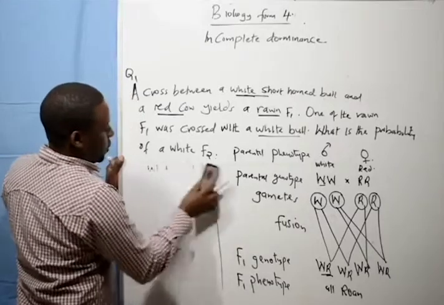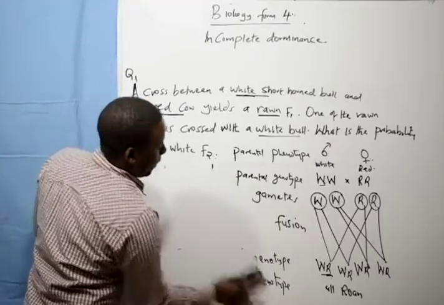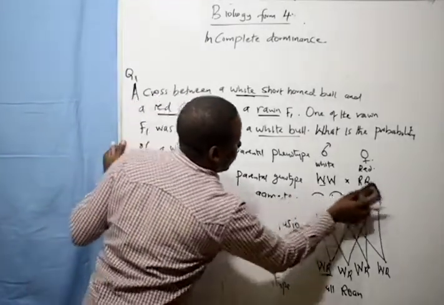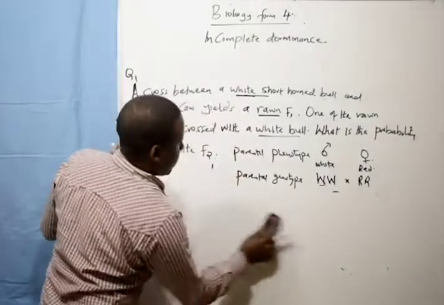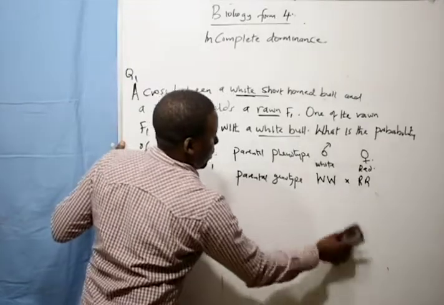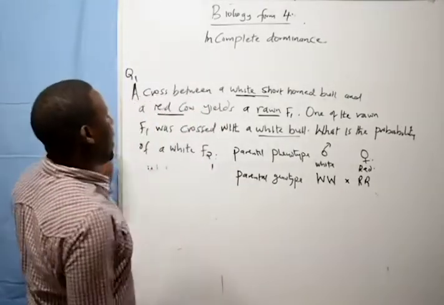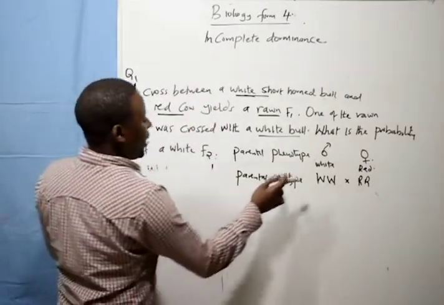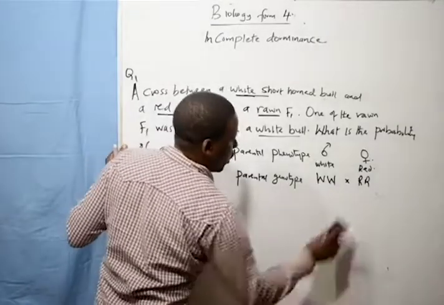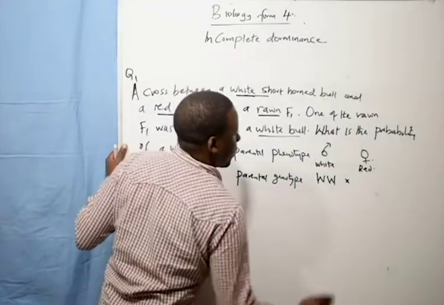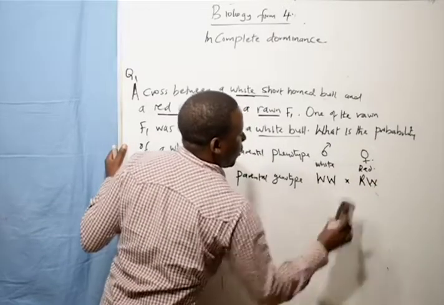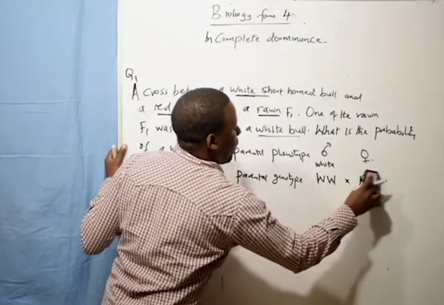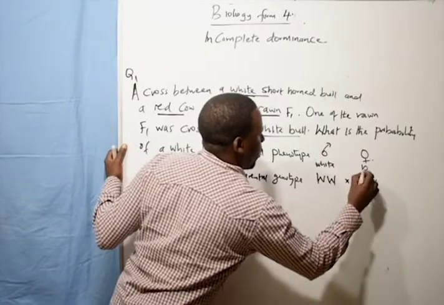So we are crossing the white bull with the roan. So now this will not be red but roan.